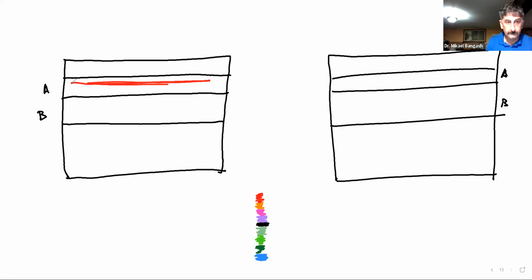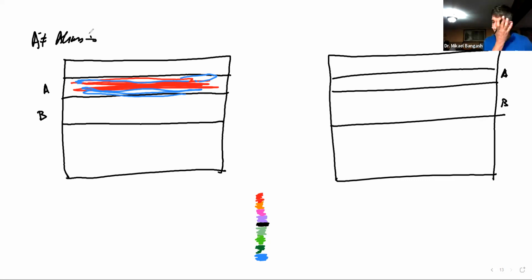Now, girls, what we mainly can say is that in vessel A, here, we have aliasing. So in vessel A, A stands for aliasing.